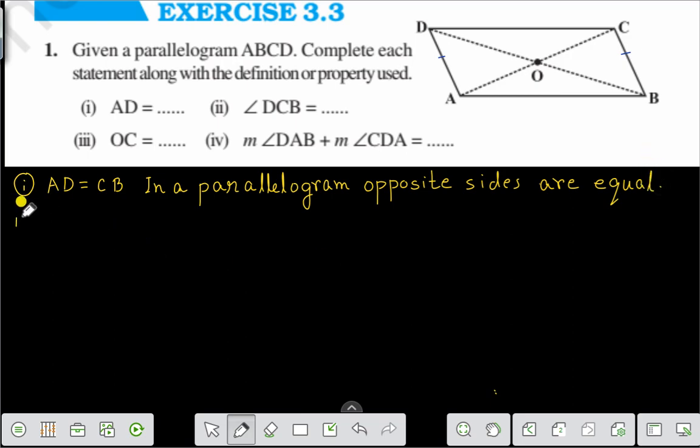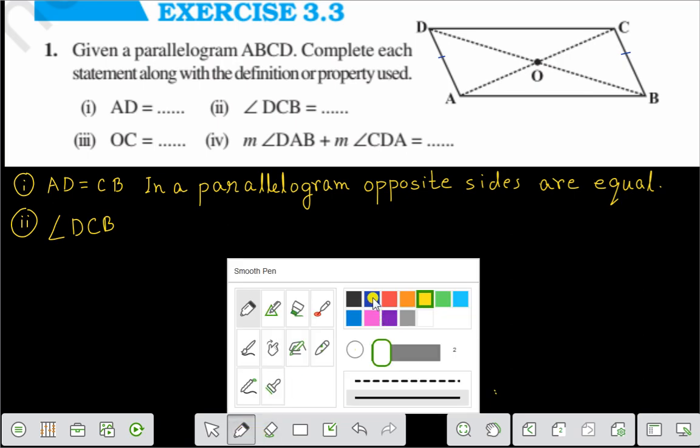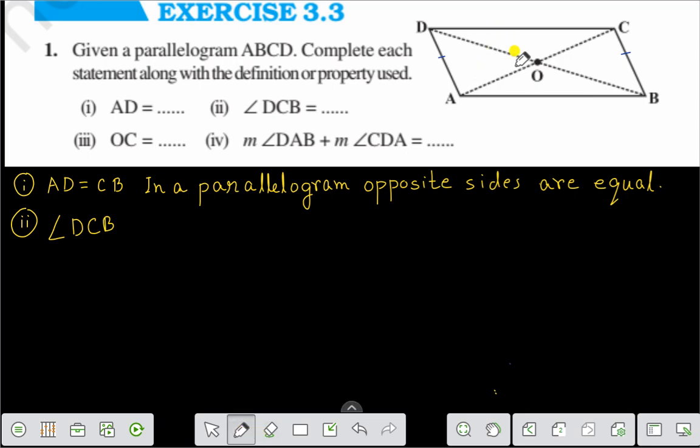Number 2, angle DCB. Here you see angle DCB means this angle, and this angle will be equal.